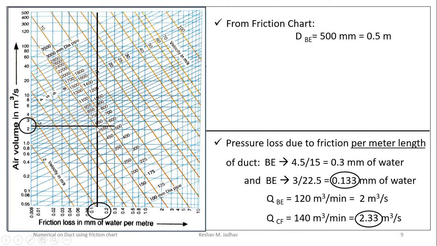So we can see here at the intersection this line is passing, and this line has diameter 600 mm. So diameter of branch CF is equal to 600 mm, which is equal to 0.6 meter. So in this way we can calculate the dimensions of circular duct for each section of main duct and branch ducts.